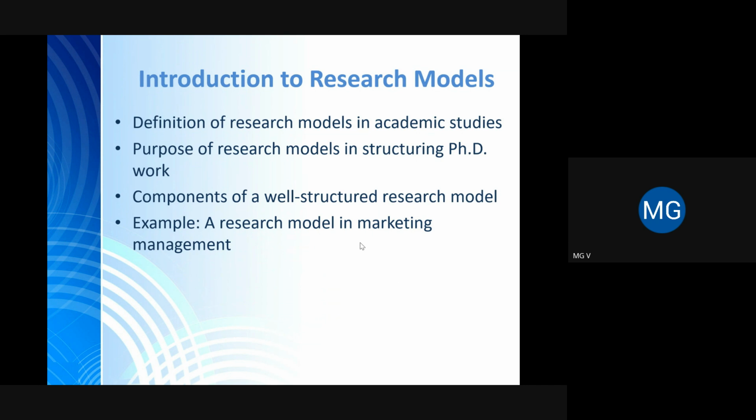Like the example I have given is, a research model could explore the impact of digital marketing on consumer behavior with independent variables such as engagement rate and dependent variables like purchase intention. So building a robust research model requires aligning theoretical frameworks with empirical testing, ensuring validity and reliability. Is this clear now? Yes, ma'am.